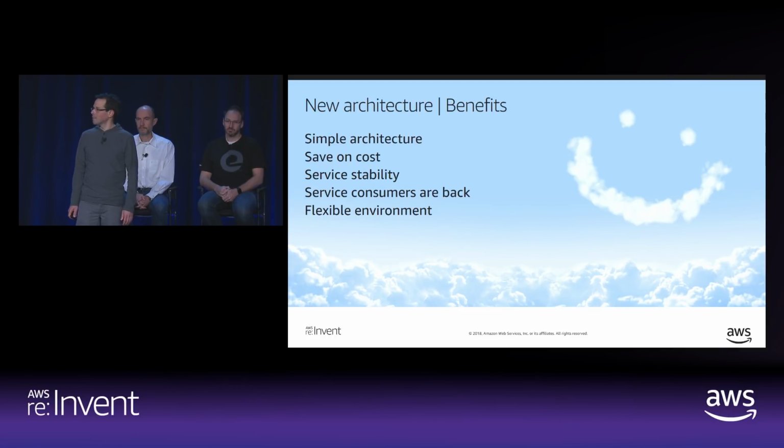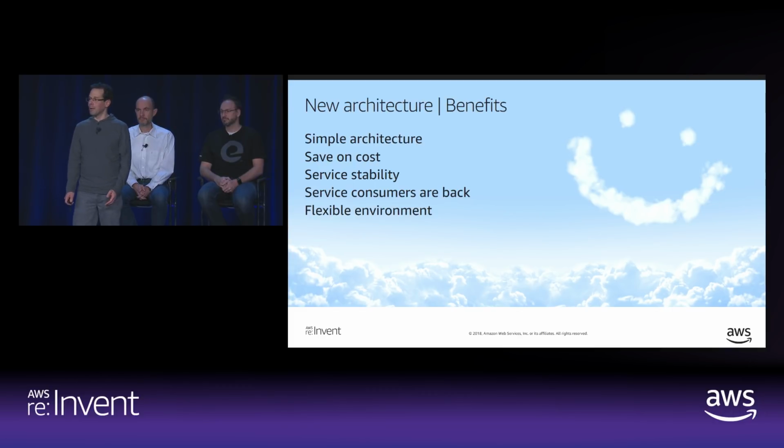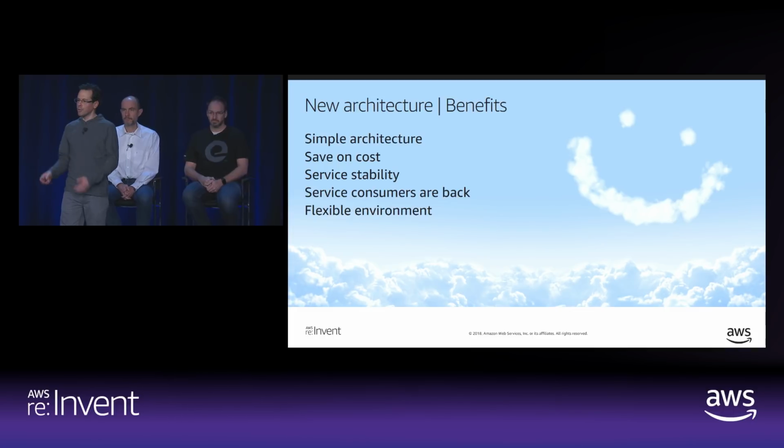The flexibility of the environment makes it possible to try new ideas. If a developer has an idea, you can just try it, and if it is better, we measure it, and if it is really better, then we are going to use that in prod.